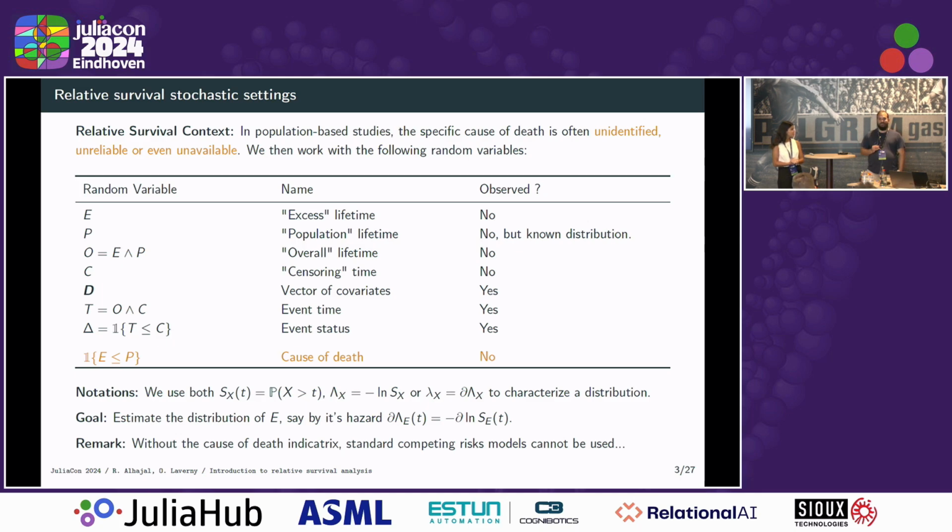No. The problem is that data sets on cancer patients are rare, and to be able to pool cancer patients from several countries and several places, we are obligated to go through these methodologies. The cause of death is of course unattainable.